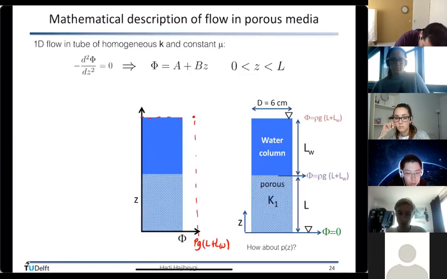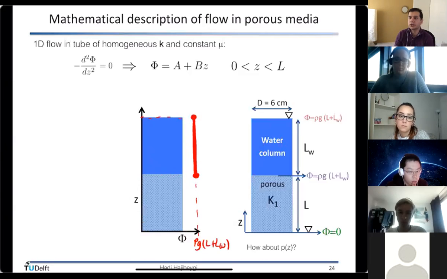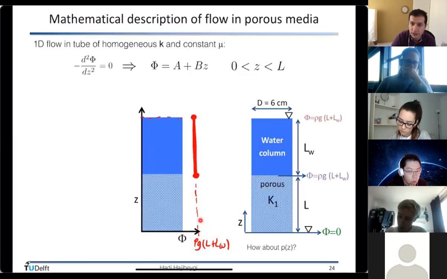I know the potential in the section between the water column and porous medium is also the same value. So potential would not change across my water column section. It would stay the same value as shown here, rho g times L plus LW.